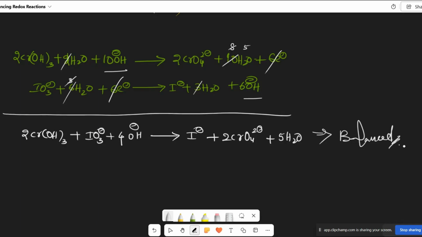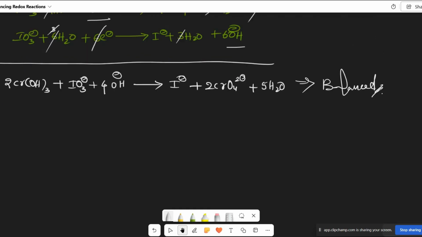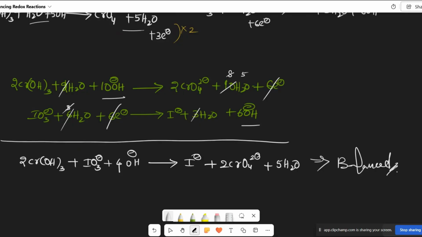So this is how you need to check it. You can cross check whether all the terms on both sides are equal or not. And this is how you need to solve. I hope it's easy, right? There won't be any confusion while solving in basic medium at any cost. I've seen even more videos, but I didn't get this much clarity.